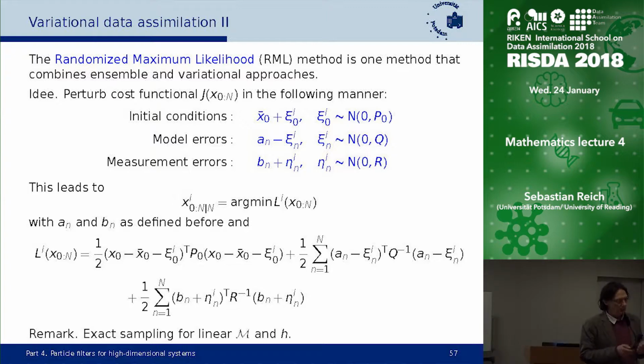Actually, you can write down this distribution that you sample from, but it's a horrendous expression. It involves Jacobians, so you need the second derivative of this and the determinant of it. So it's not something nice.